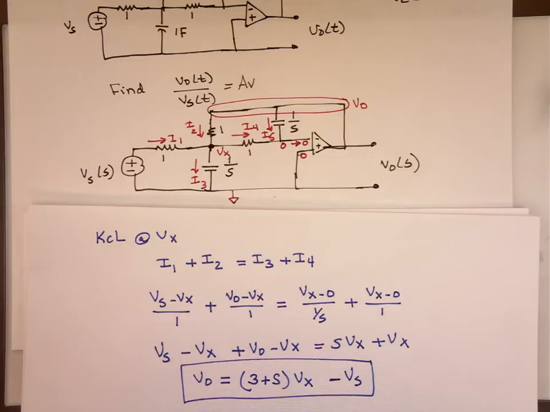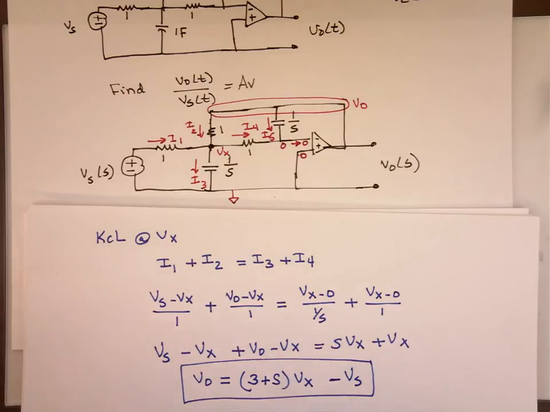I have basically two unknowns right now, V out and Vx. Vs, we assume we know it because we're doing the ratio of V out to Vs. Like if you know Vs, can you find V out? Well, I got V out and Vx as my two unknowns. If you have two unknowns, how many equations are you going to need? Two. I need a second one. Where's the second one going to come from?